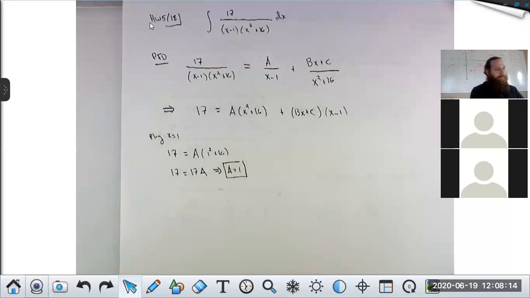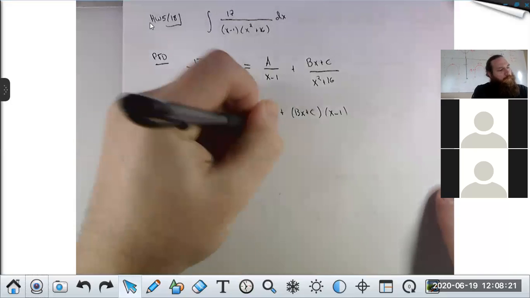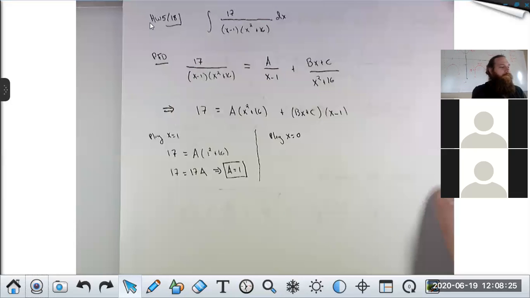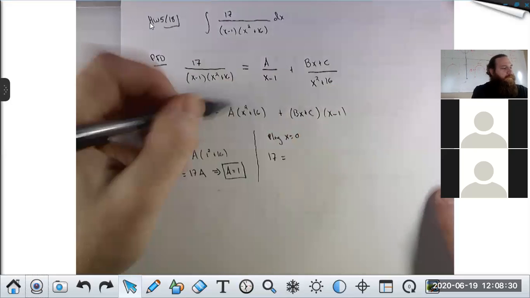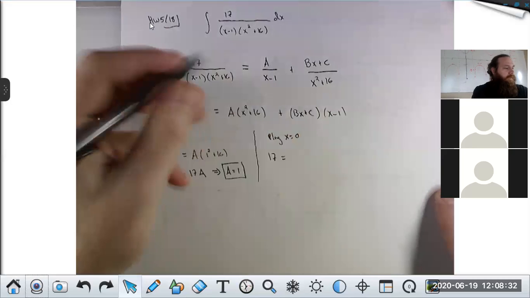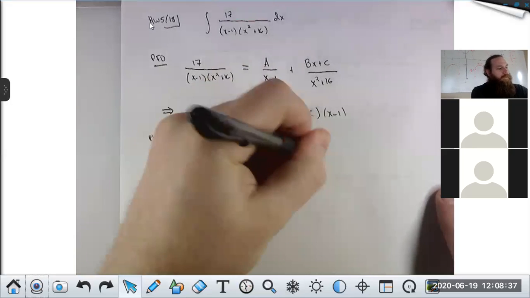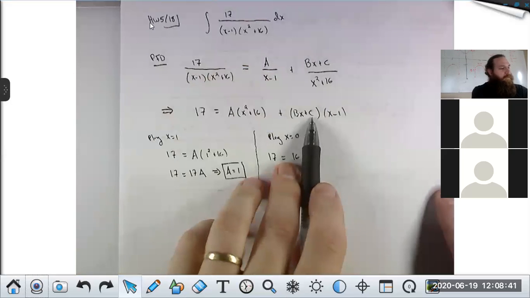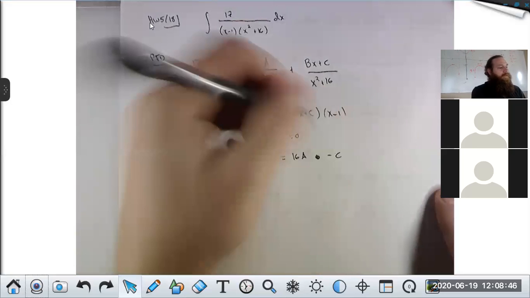All right, so I said that just for fun. Let me show you what will happen if I plug x equals 0. I'll get 17 equals 16A plus, this term is 0, this would be C, this would be -1, so really minus C. Why is that nice?